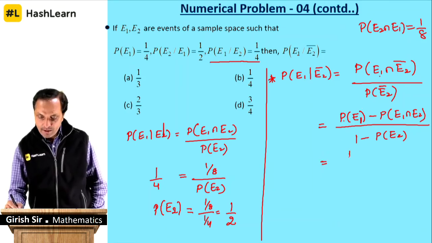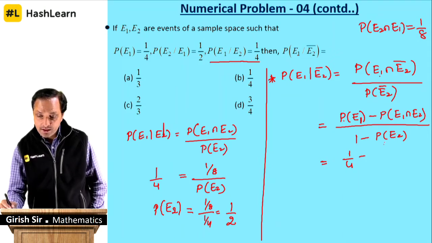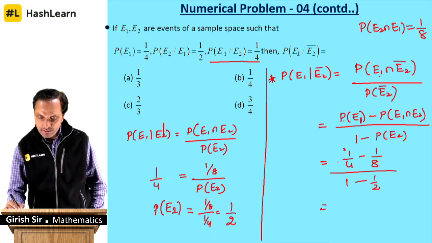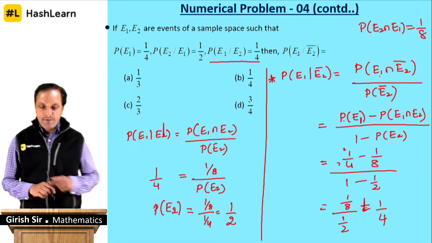Probability of E1 is 1/4, E1 intersection E2 is 1/8, 1 minus E2 is 1/2. तो सिंप्लीफाई किए तो ये हो जाएगा 2 minus 1 is 1/8 by 1/2, that will give you 1/4. तो कहां पे 1/4 है?